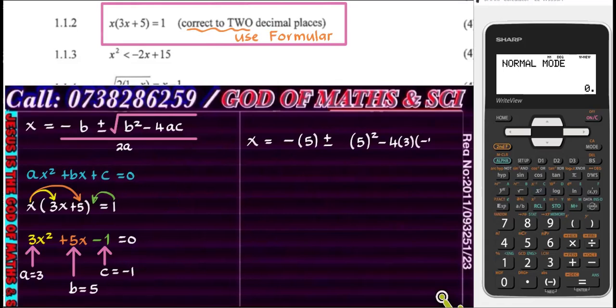So we put minus 1 there, and all of that should be under the square root sign. It's called the radical or square root sign. And then all over 2a. The a is 3, so it will be 2, open the brackets, times 3.